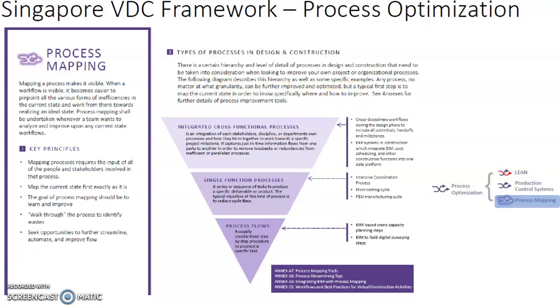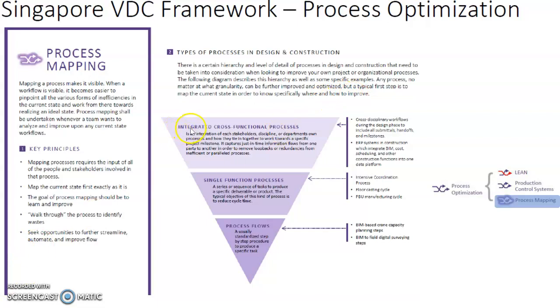At the highest level, we look at integrated cross-functional processes. It is an integration of each stakeholder, discipline or department's own processes and how they tie together to work towards a specific project milestone.